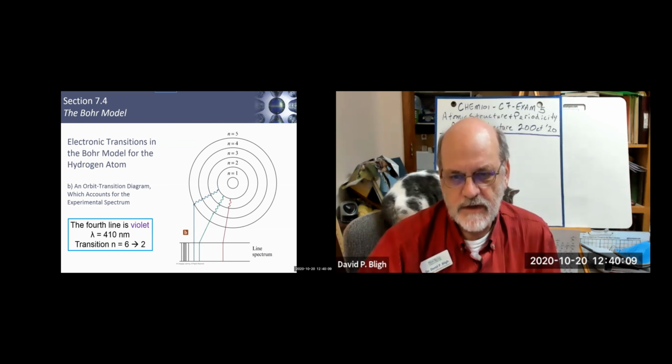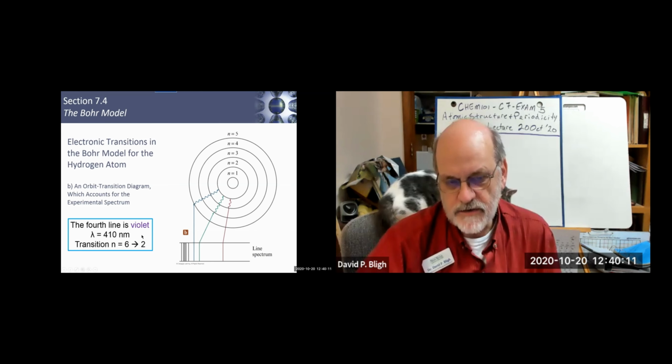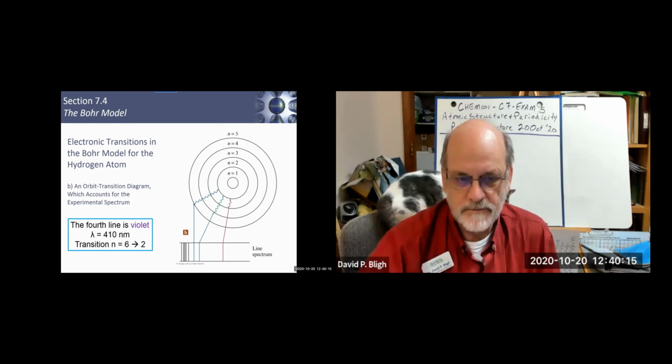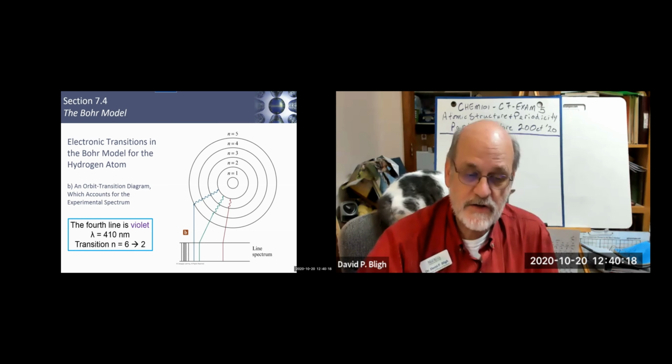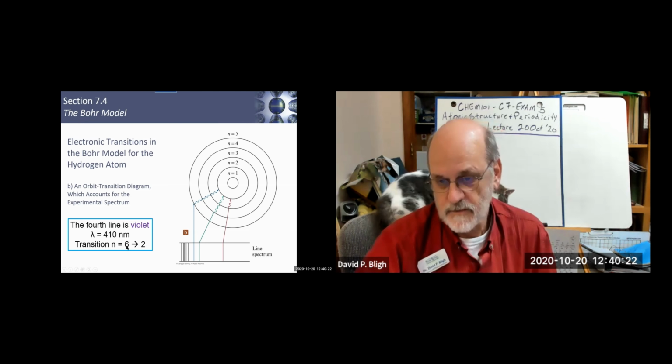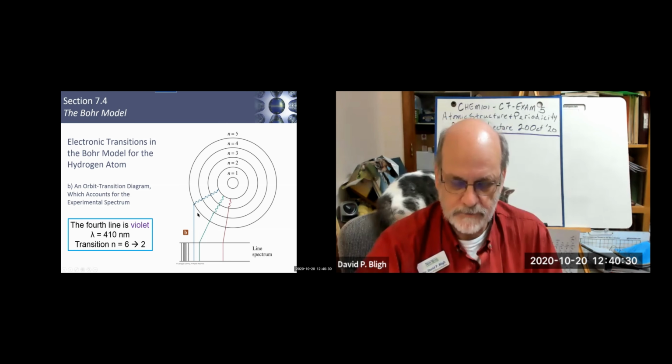And I just noted that in their discussions, the authors left out the violet color. And I discovered that the transition for the violet is from level 6 to level 2. The other three colors are all to level 2, and the violet is also to level 2.